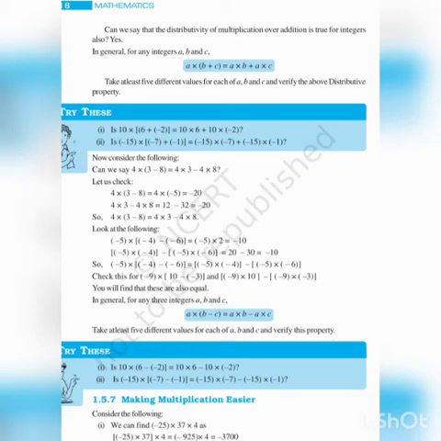So, what is the distributive property of multiplication over addition? A into (B plus C) equals A into B plus A into C. Next, if it is subtraction, A into (B minus C) equals A into B minus A into C. This is your distributive property. Okay, children.